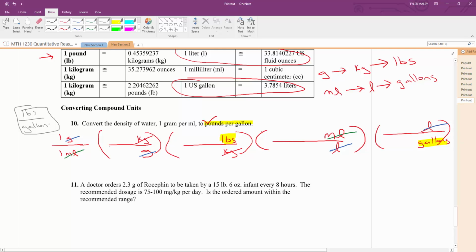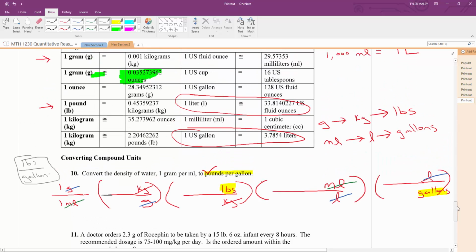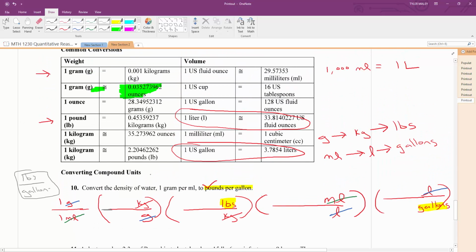So now what we need to do is fill in these with numerical values, right? So I have it all set up in terms of the units canceling out, but now I need to actually fill in the numerical values to solve this. So our fact between kilograms and grams.